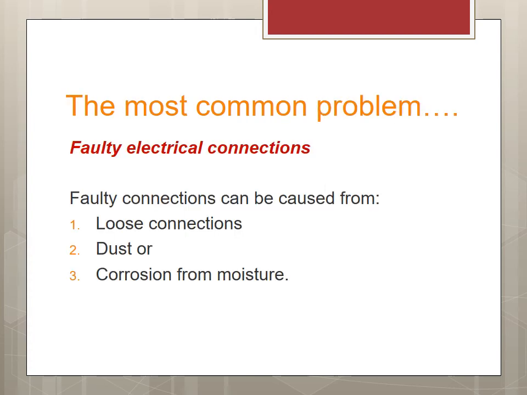The most common problem we can have in controls like the one we're going to talk about is faulty connection between the wires. It happens more than you think. You have a loose connection or a charred or nipped wire where the insulation is exposed and it's shorting somewhere. So we want to check for loose connections, dust, or corrosion from moisture.